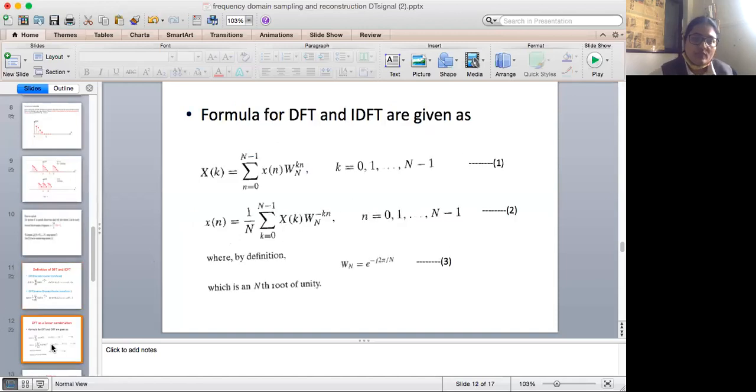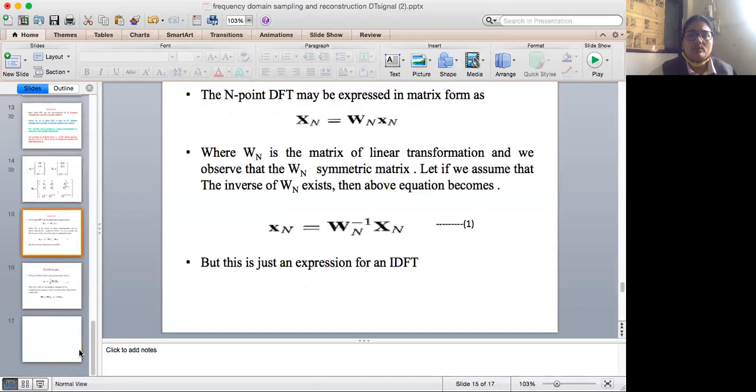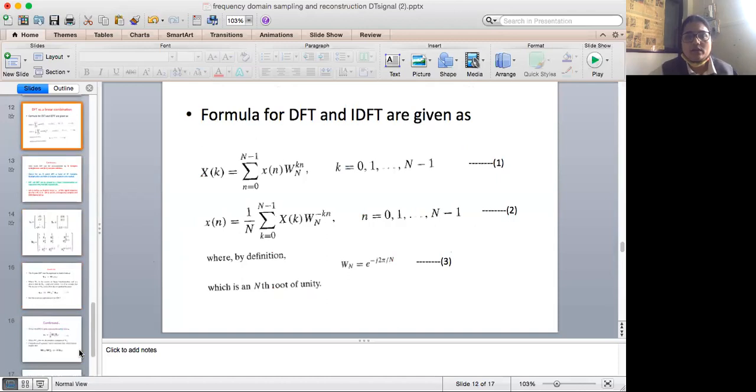We will go with the next part of the discrete Fourier transform as a linear transformation. This is a new point which we will see further. I will share the whiteboard so that we can discuss.